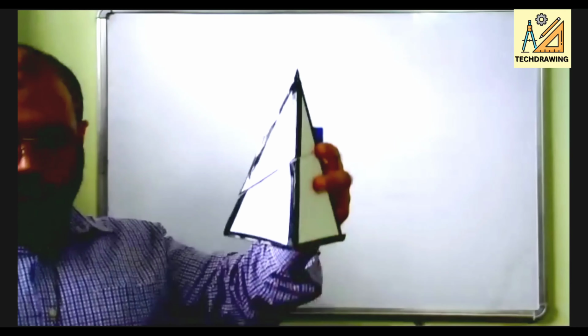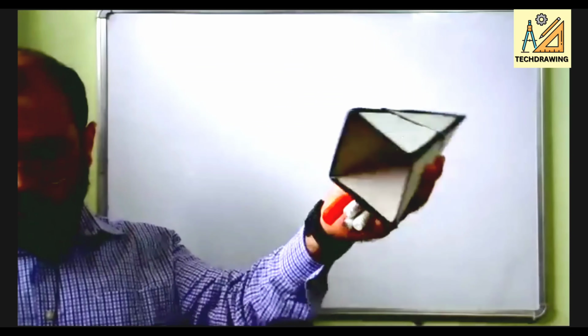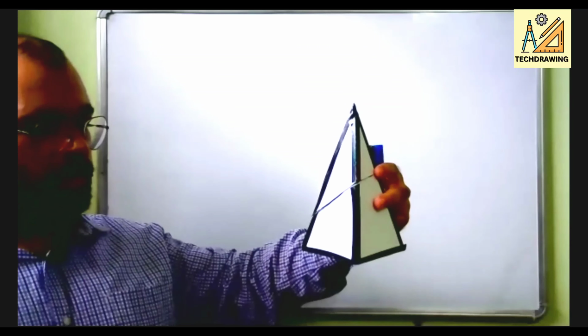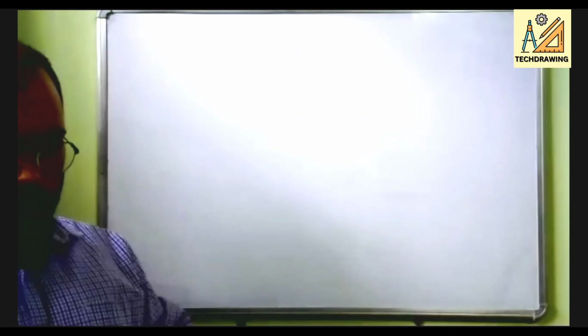Let us say this is the square pyramid. It is resting on HP such that all of its base edges make equal angle with VP.